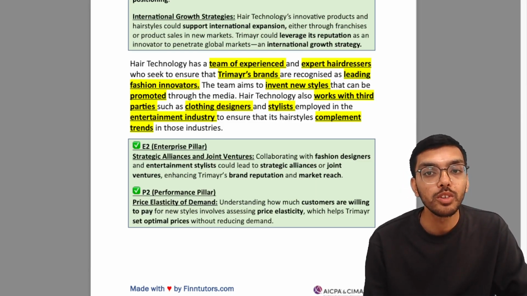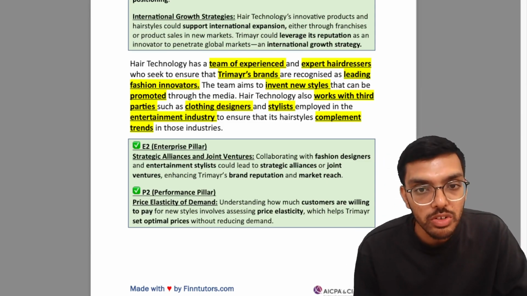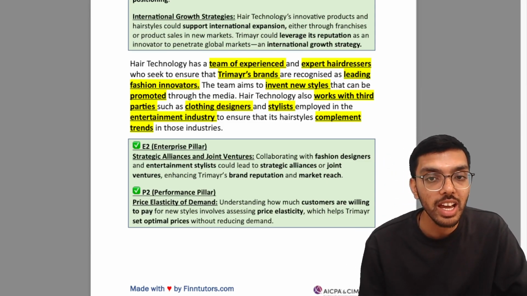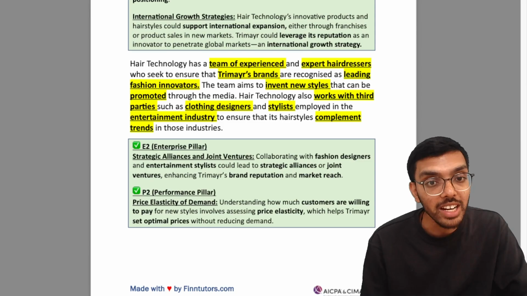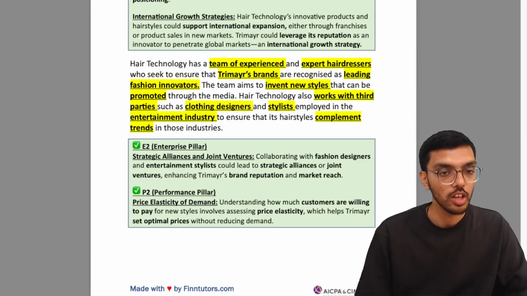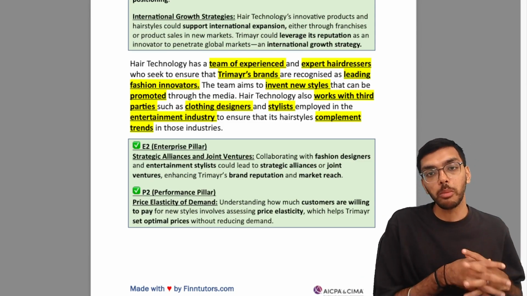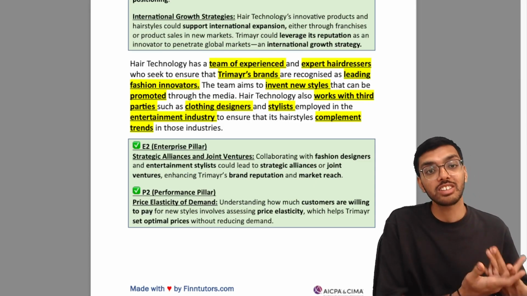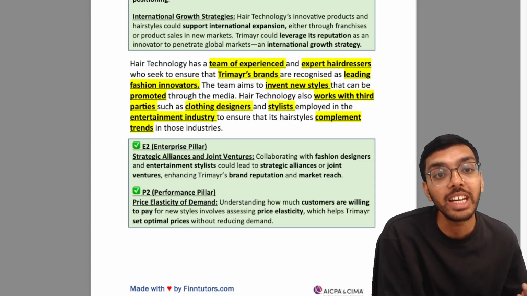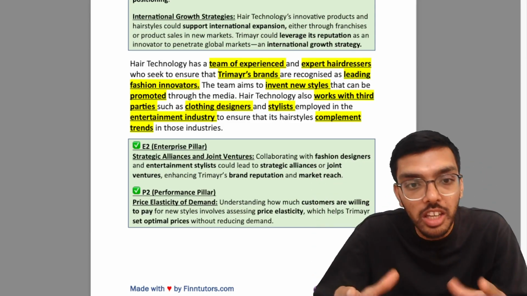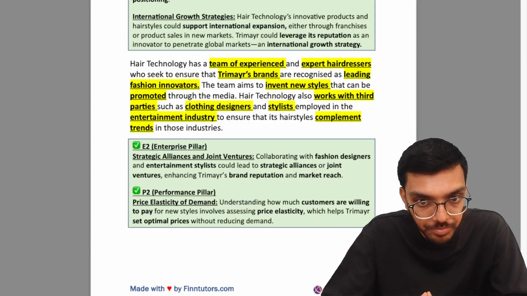Hair technology also works with third parties such as clothing designers and stylists employed in the entertainment industry to ensure that hairstyles complement trends in those industries. So this department's first job is to make sure that hairstyles that we offer are always trendy, are always in the news, let's put it that way.